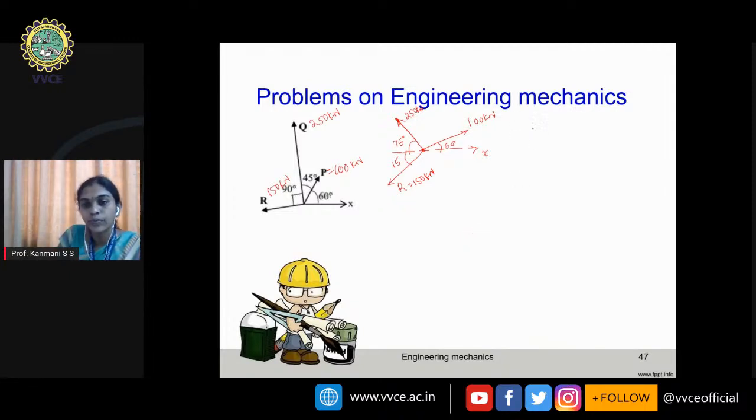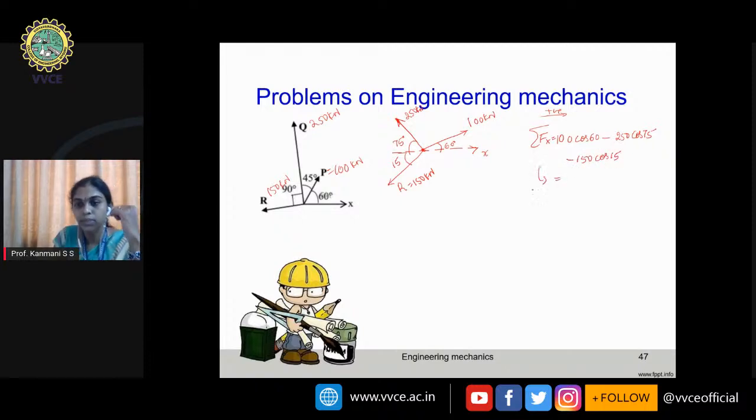So here we go. Summation Fx equal to 0. Sorry, not 0. We have to find this. So let me start with summation Fx, which is moving towards right. 100 cos 60, which is moving towards right, is plus. 250 is moving towards left, minus 250 cos 75. And R is also moving towards left, so minus 150 cos 15.